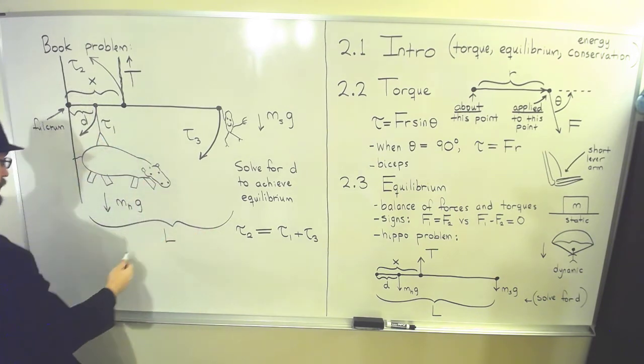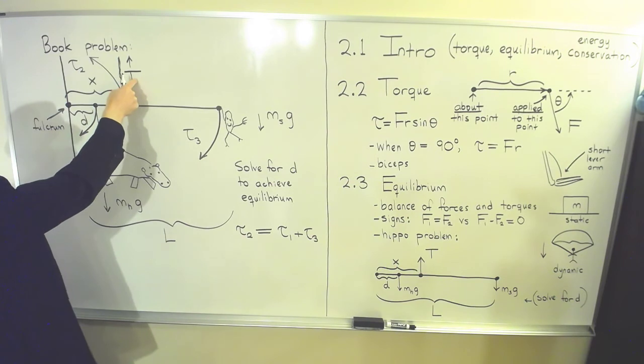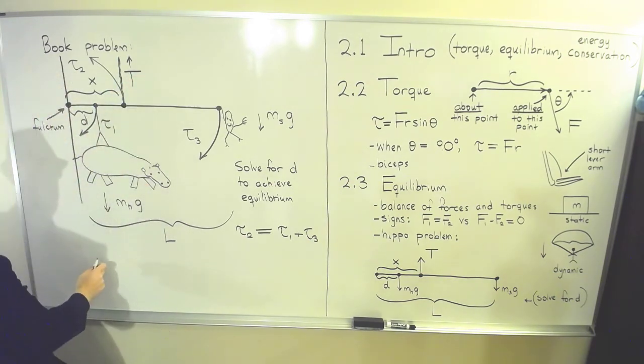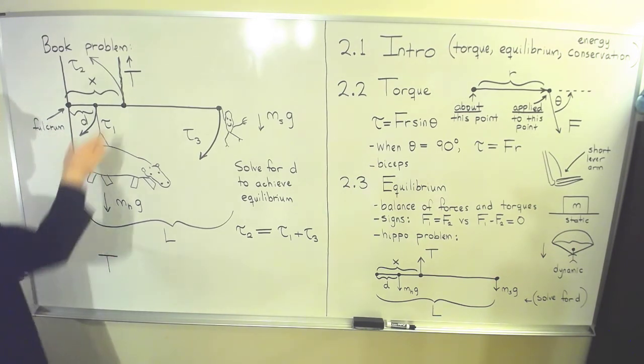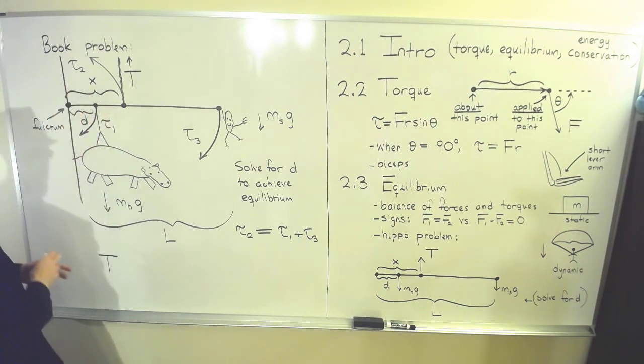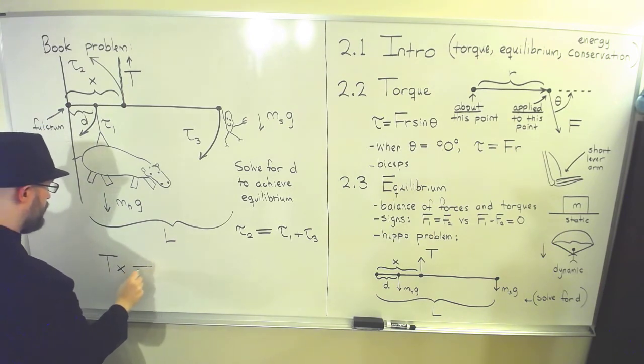So what T2 is going to be is just the size. This T here, by the way, is a force. It's a tension force. And so the size of T2 is just going to be the size of the tension force times the length of the lever arm for this force. What's the length of the lever arm for this force? It's x. So you write Tx. That's the left-hand side of the equation.